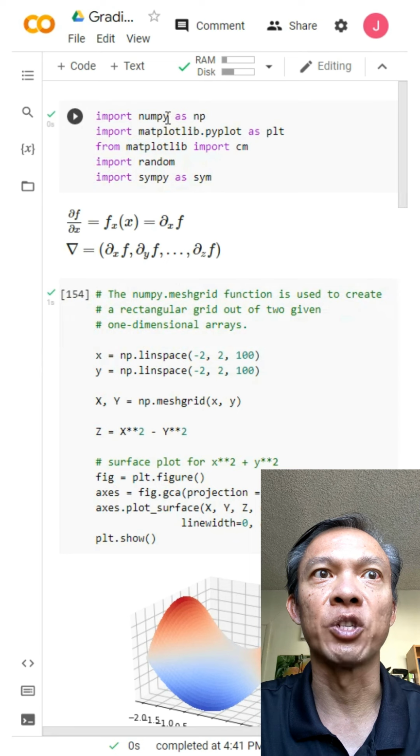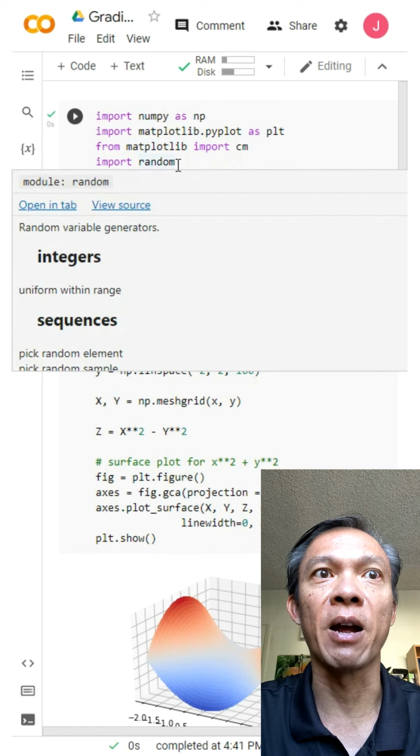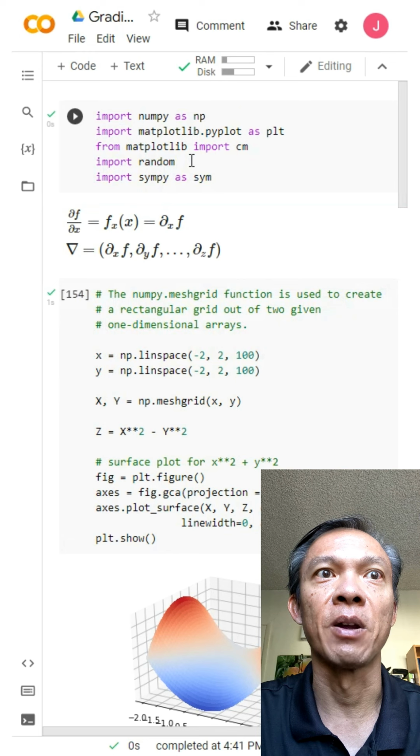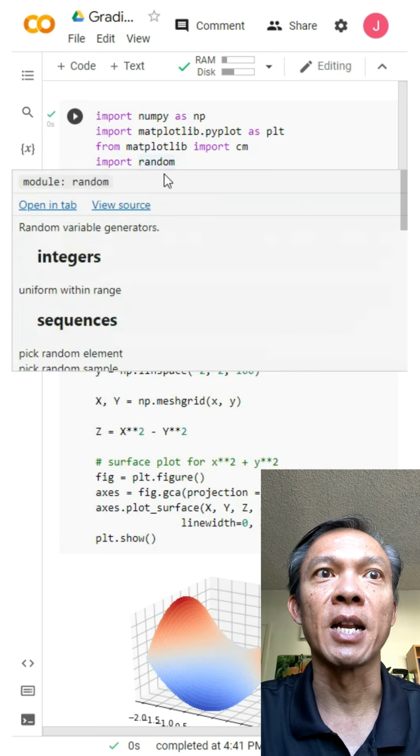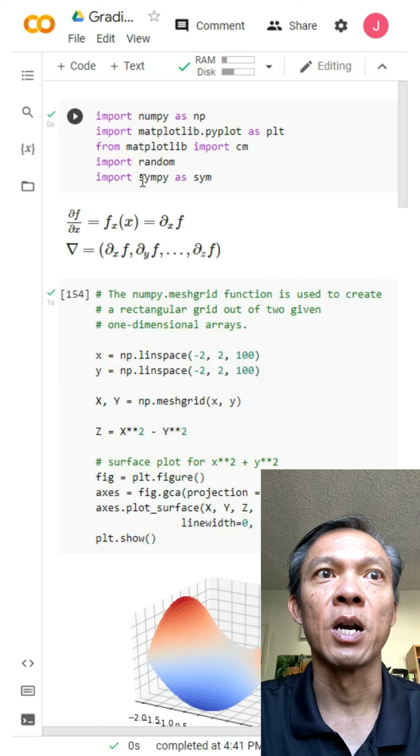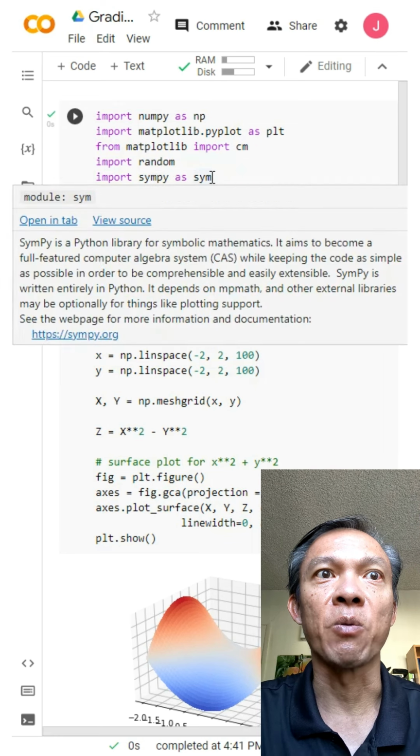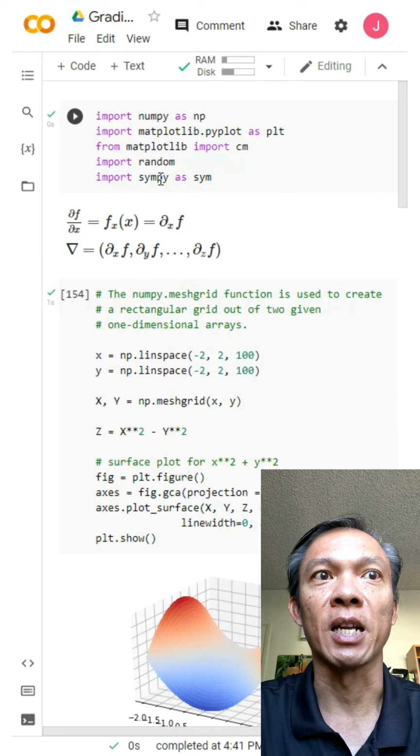NumPy is to generate the data points, and random is for when we start our initial starting point to descend, we want to use a random starting point. And SymPy is to do algebra to make the equation symbolically. Okay.